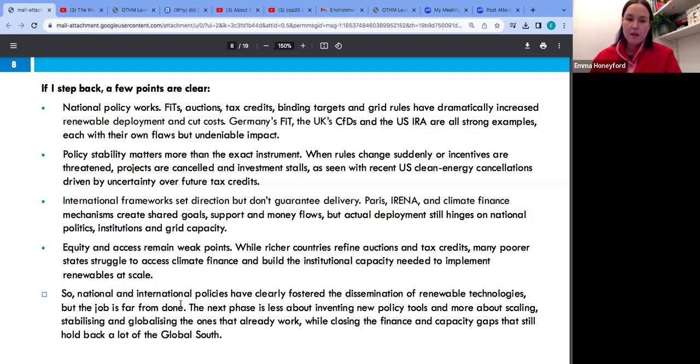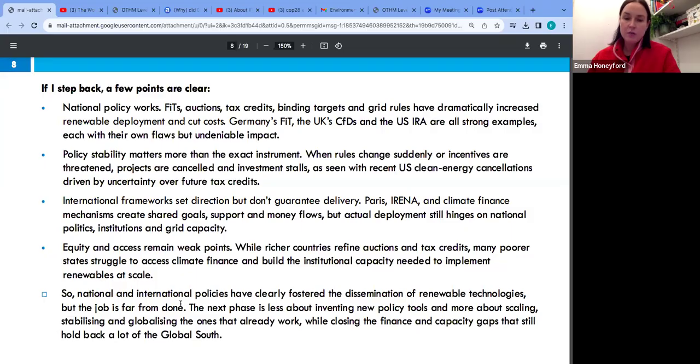There's this thing around climate equity. It's going to be easier for some countries than others, and we have to really think about climate justice and how equitable this transition looks.